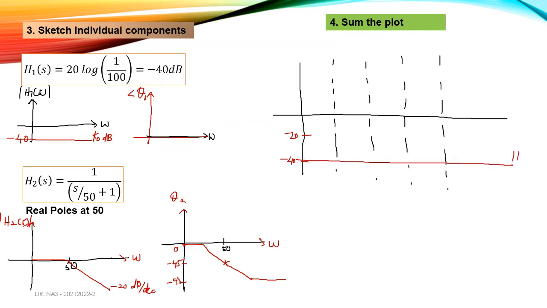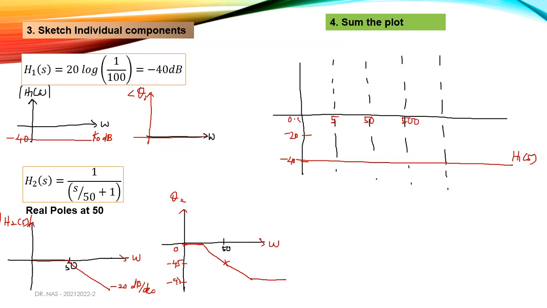This is your H1(s), the constant, and then you have the real pole H2(s). It is 50, so you can start here with maybe 5, and then here is 50, and here is 500, and so on.